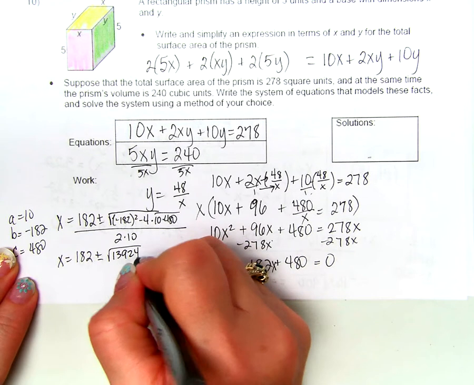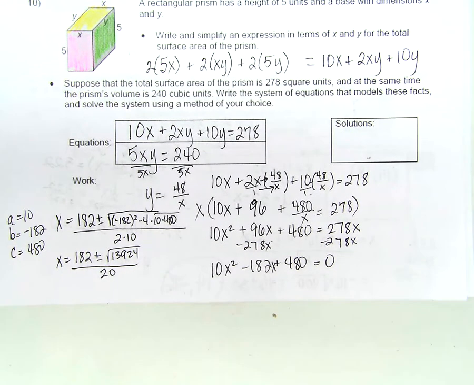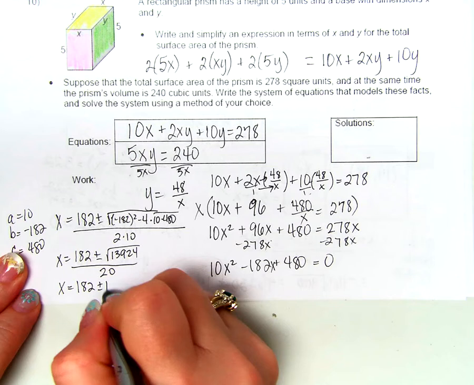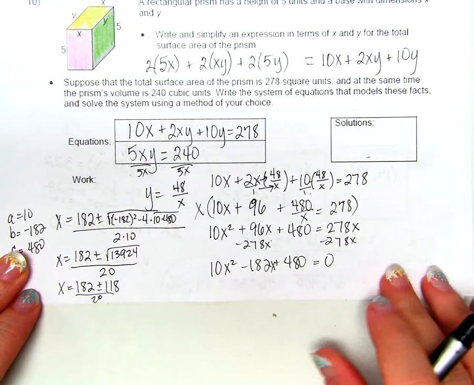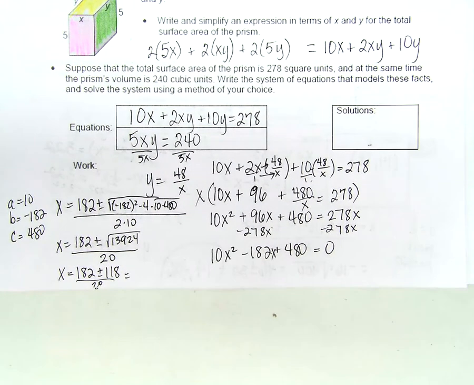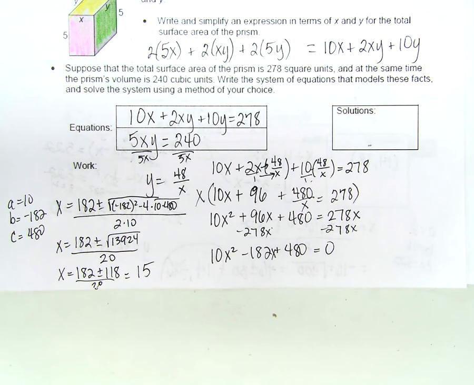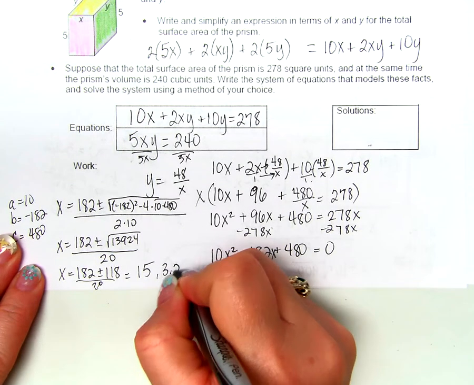And we all of course know that the square root of 13,924 is 118. Right? Of course you did. So now we have 182 plus 118 divided by 20. And that's 15. Excuse me. And then we have 182 minus 118 divided by 20. And that's 3.2.